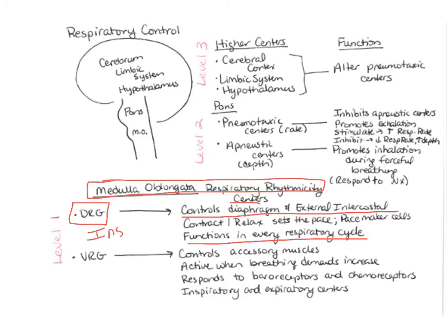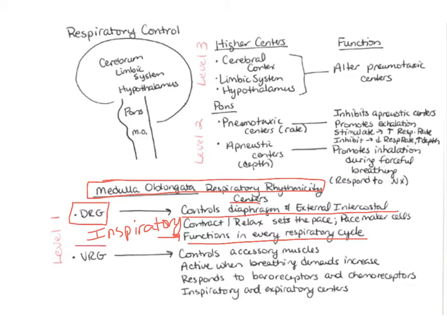When the dorsal respiratory group sets the pace to contract those muscles, you get inspiration, and when those muscles relax, you get expiration. The muscles contract and you inhale, the muscles relax and you exhale. So the dorsal respiratory group is setting that normal pace, okay?